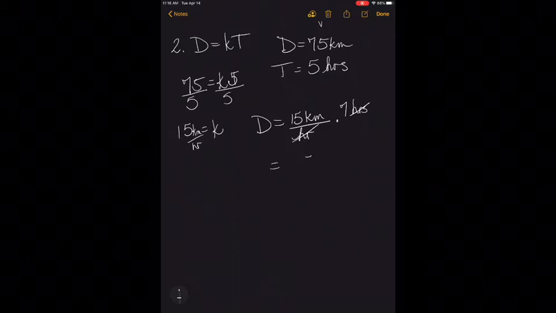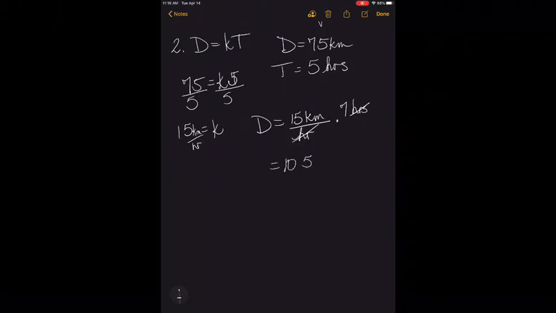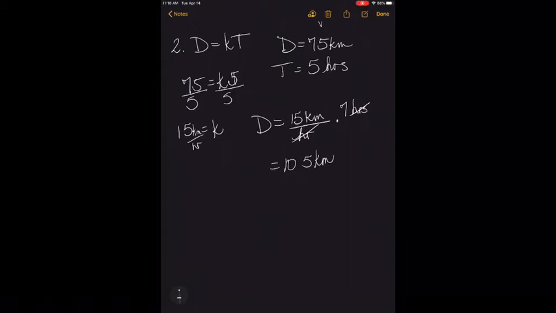Times 7 hours. So 105 kilometers. Okay, let's do one that's an inverse relationship. Varies directly is 3. Varies indirectly is 4. So let's do 4 together.